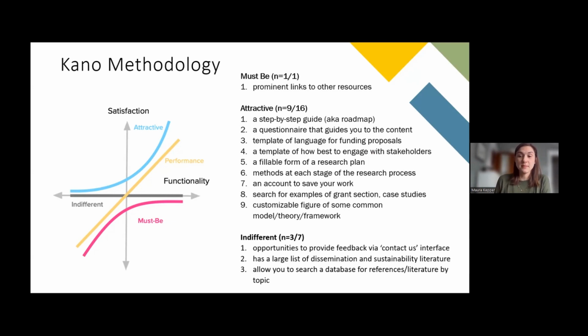So using this methodology, it classifies features as the users must have it, meaning they expect it to be there and they would be dissatisfied if it wasn't in the tool. Or it was one-dimensional, meaning they expect it to be there. It could be attractive, like they like it if it's there, or they're indifferent about it.